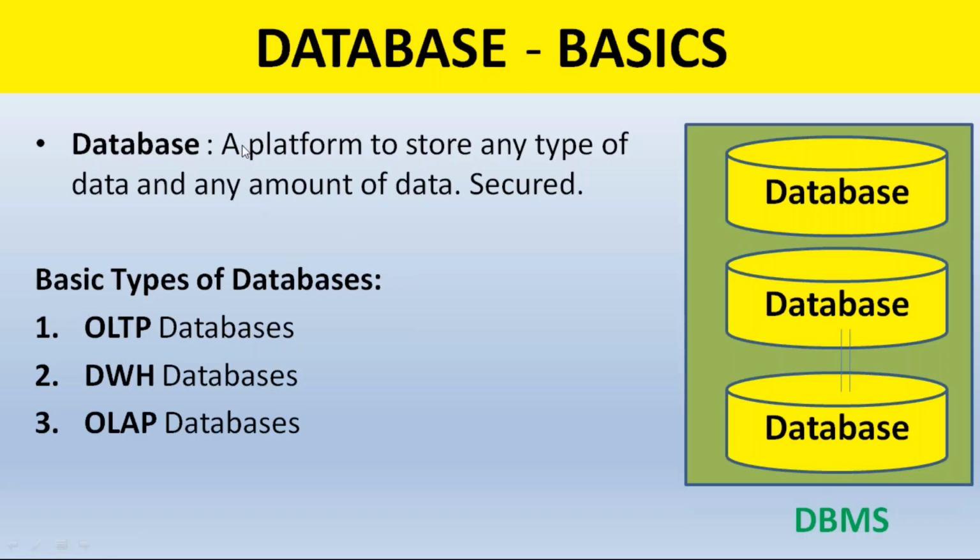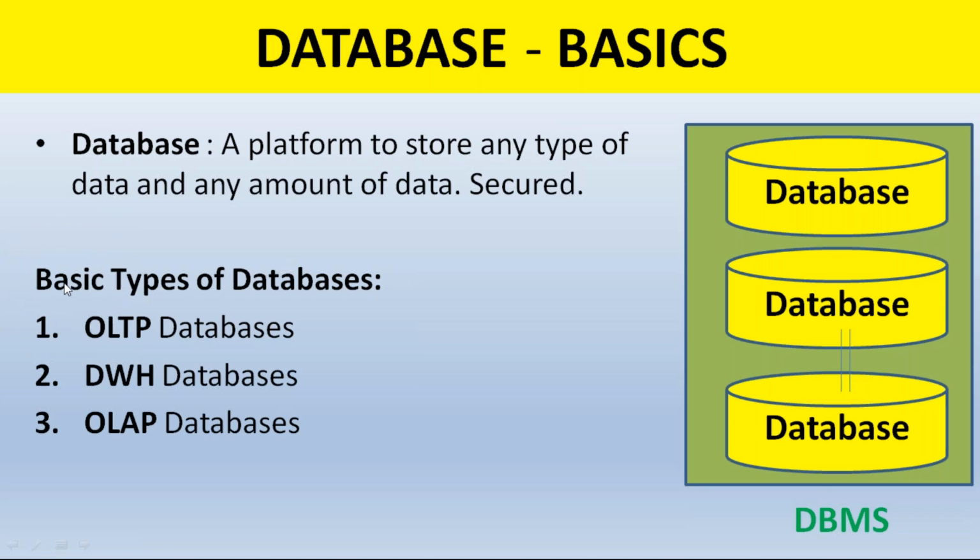A database is a platform to store any type of data, any amount of data, nicely organized, neatly planned, well organized. From the scope of our course, we have 3 important basic data types.